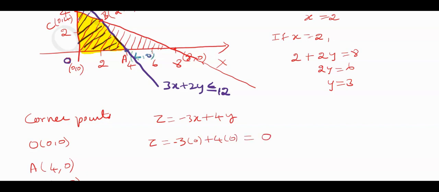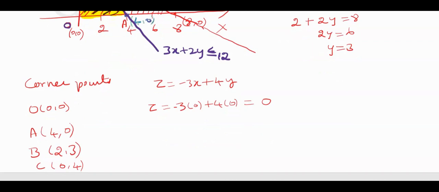At the point A, we have z is equal to minus 3 into 4 plus 4 into 0, which is equal to minus 12. At the point 2, 3, we have z is equal to minus 3 into 2 plus 4 into 3.